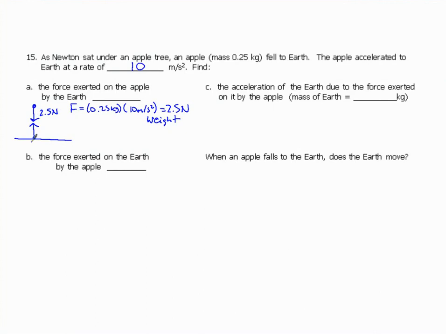When it hits the earth, equal and opposite. The earth is going to exert an equal and opposite force of 2.5 newtons. The force exerted on the earth by the apple, 2.5 newtons. Remember, we're talking about action-reaction pairs.